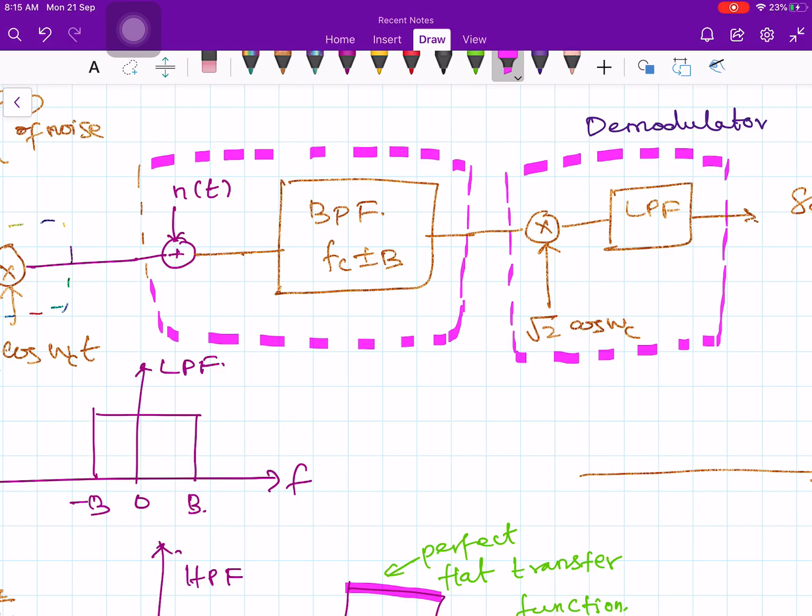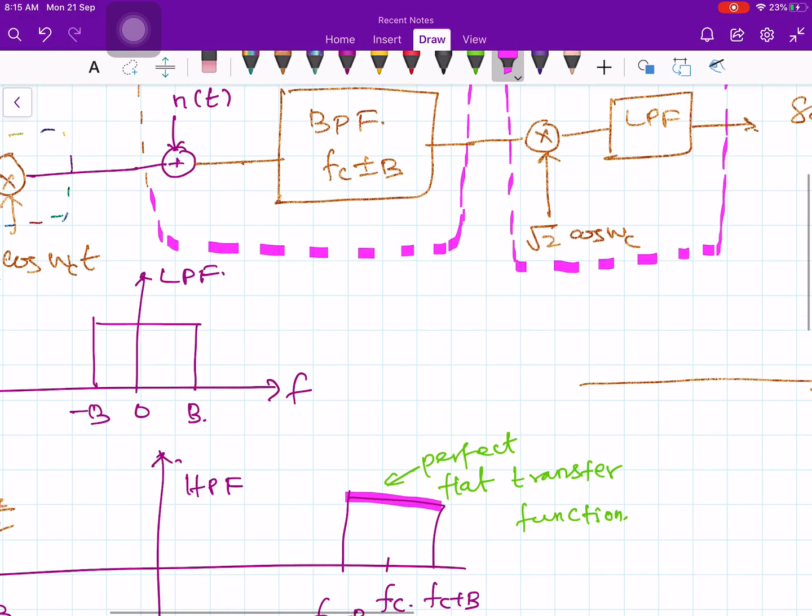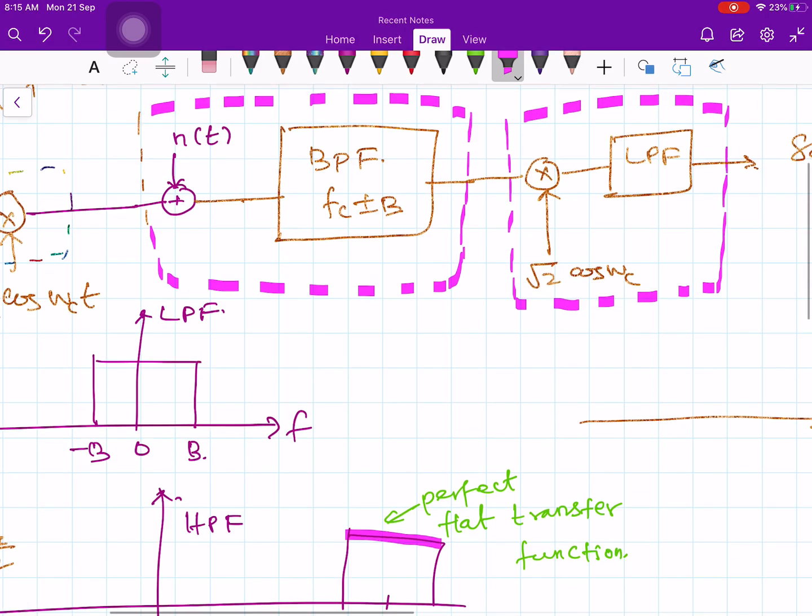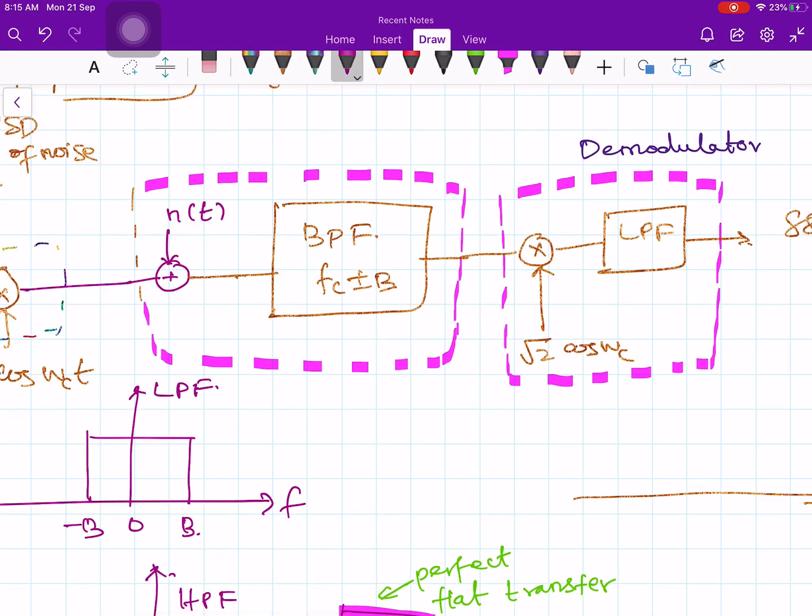So front end of the receiver. Channel, because the channel is also modeled as an ideal band pass filter.